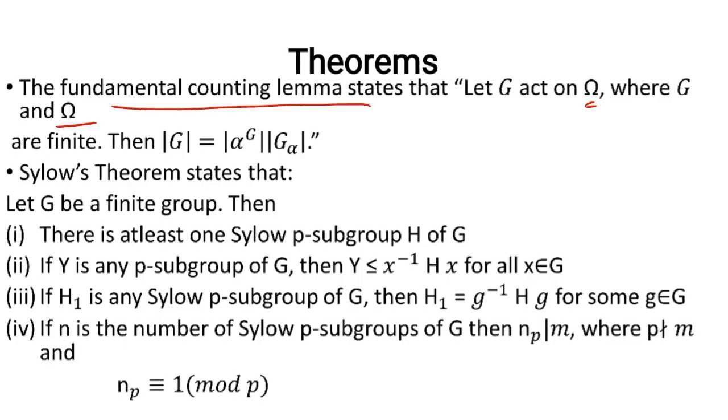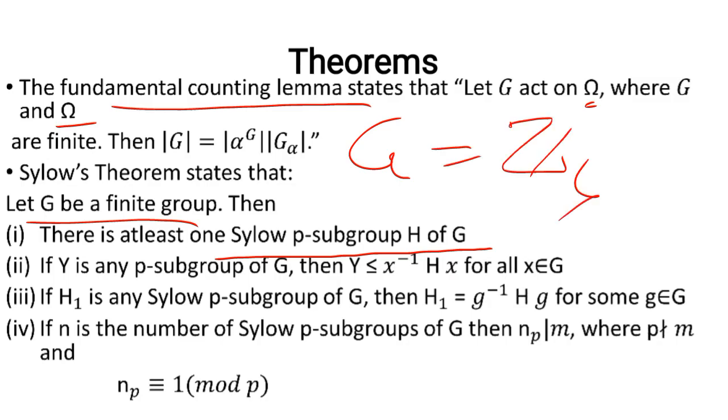Sylow's theorem states that, let G be a finite group. Then these conditions must hold in that finite group G, come what may. First, there is at least one Sylow P subgroup H of G, as you saw when we chose G to be the set of integers modulo 6, there was one, right?